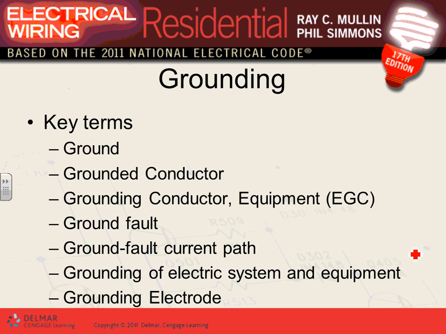Ground is the earth. Here's the terminology that you need to know. Ground is the earth. Grounded conductor, this is my aka the neutral. That's it, done. Equipment grounding conductor, this is the ground conductor, the green or the bare. Ground fault: if you have a hot conductor and an equipment grounding conductor and these touch each other, you've got yourself a ground fault.